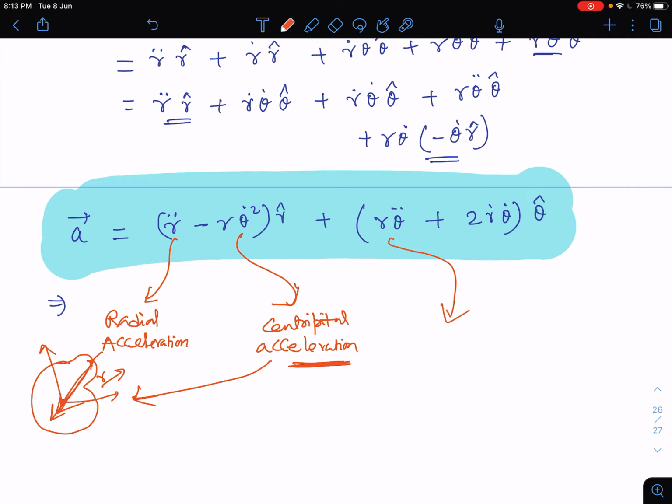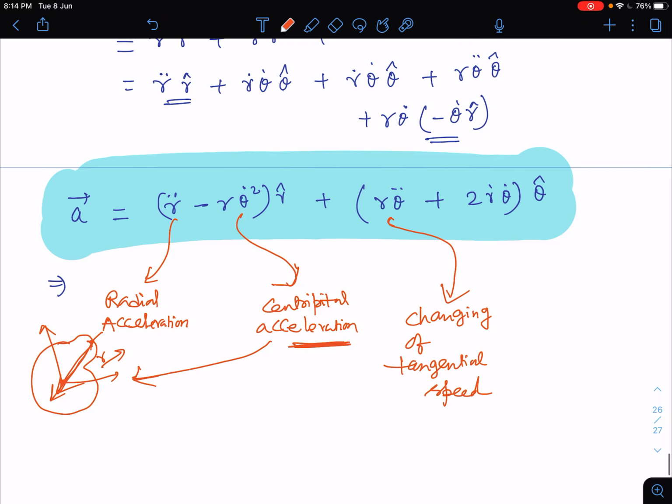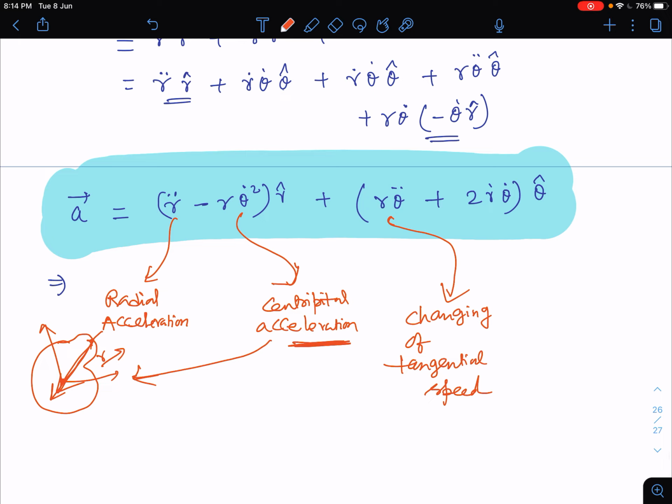And what about the third part? The third part is the acceleration that comes from the changing of tangential speed, that is r theta double dot, so that is the rough idea.